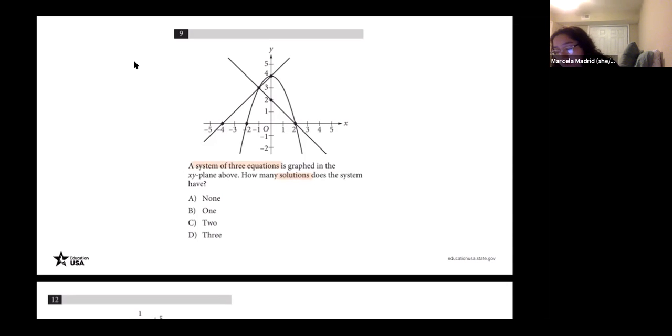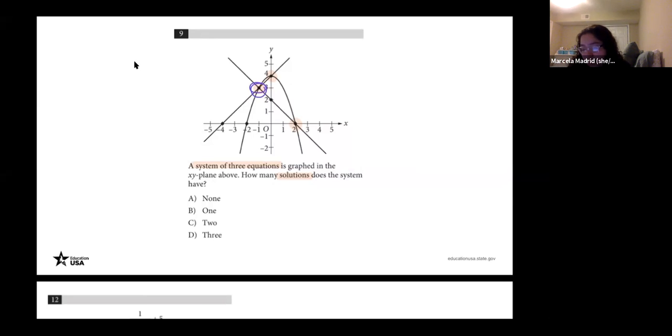And if you look at the graph, although there are 3 intersections in total, you also have more here. Only one of these is actually intersecting all 3 of the equations, meaning the whole system, and is the only solution, which is right here.